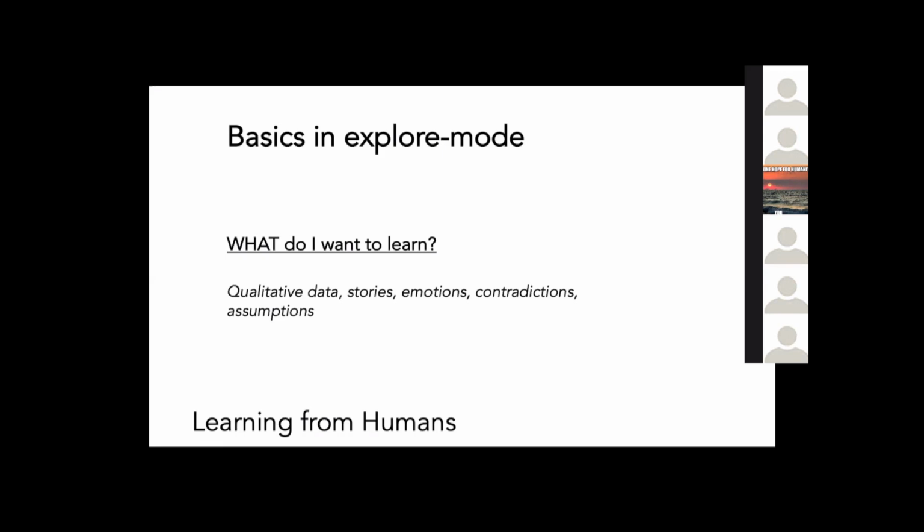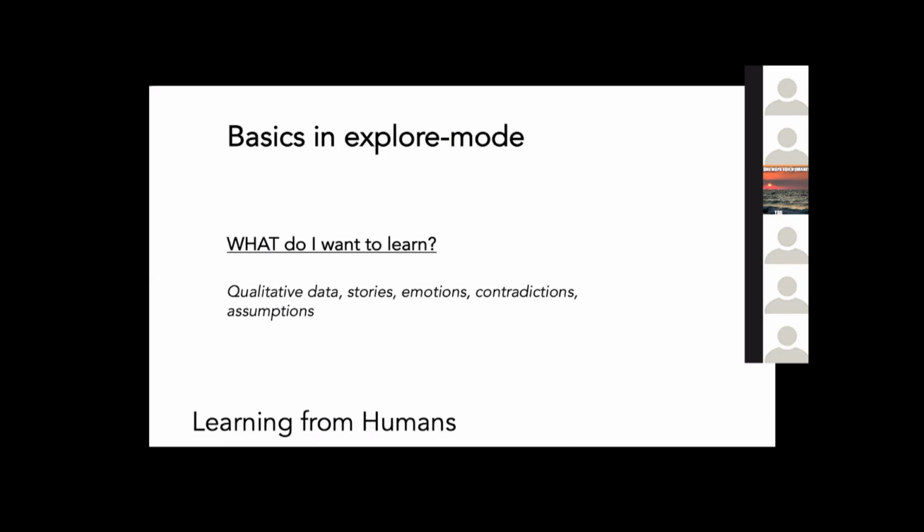For example, you might know the contradiction of somebody being very ecologically friendly, but then eating meat or flying, right? So what are the contradictions in the human behavior that are latent in the people that you talk to, and then to think about how can we do something with that insight.